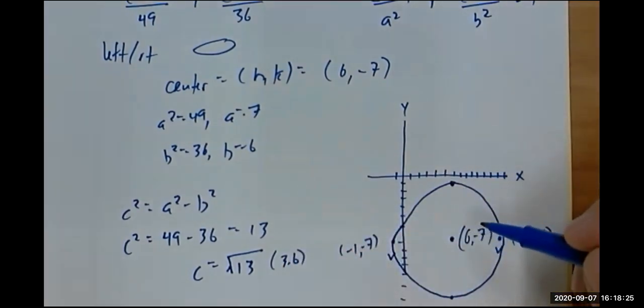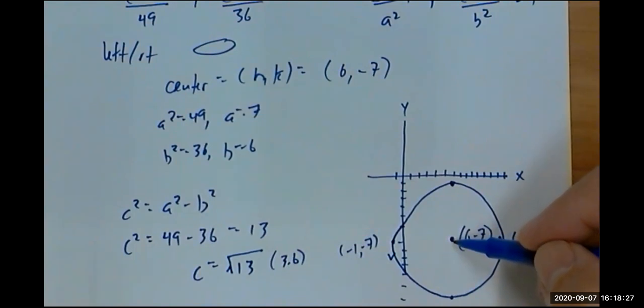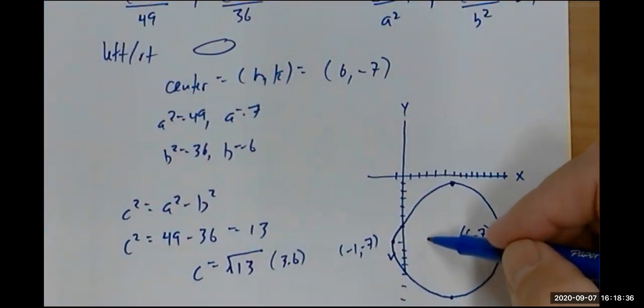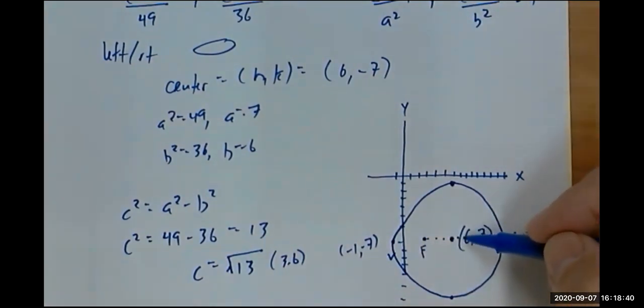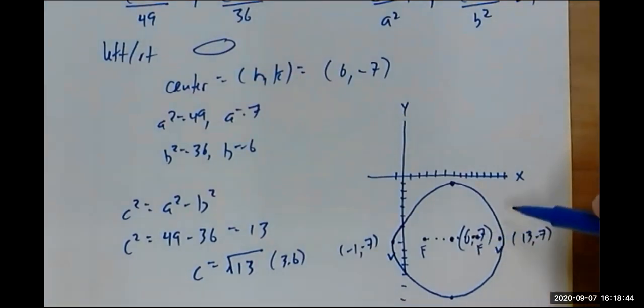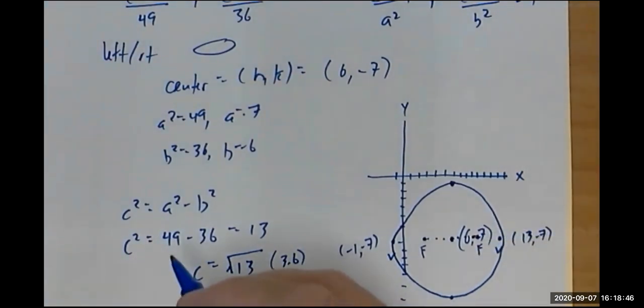So what I do is I have to move 3.6, or square root of 13, from the center. So it's around 3.5 maybe.